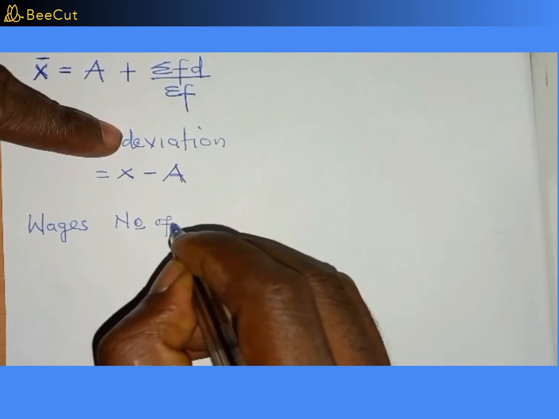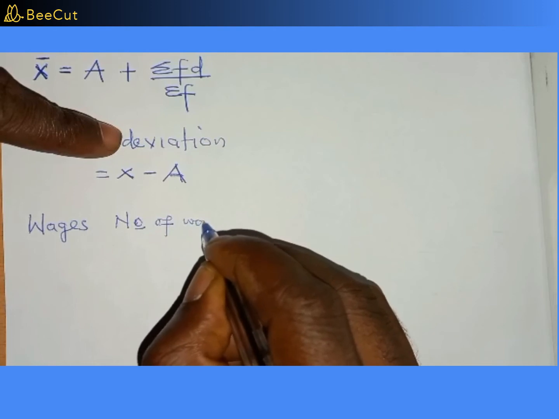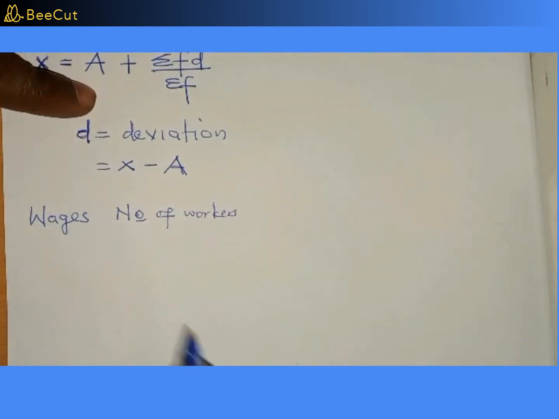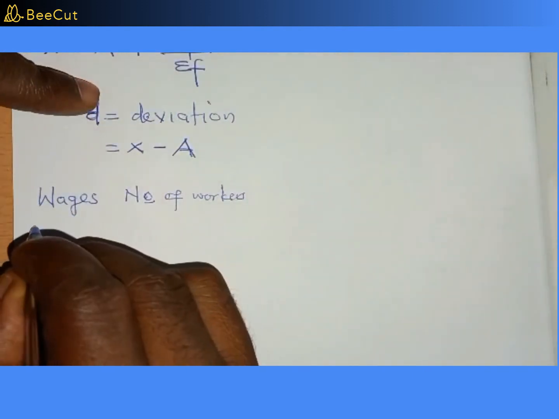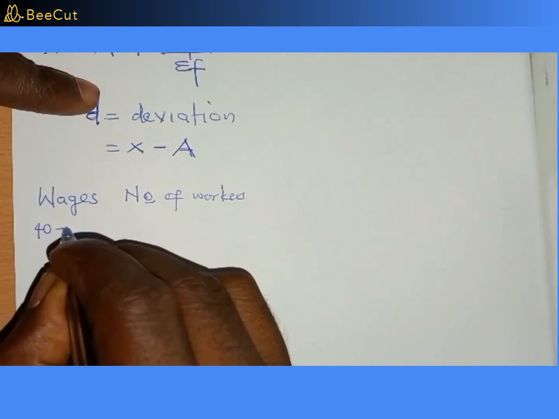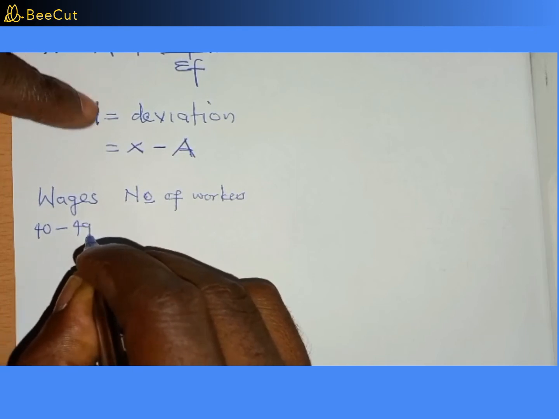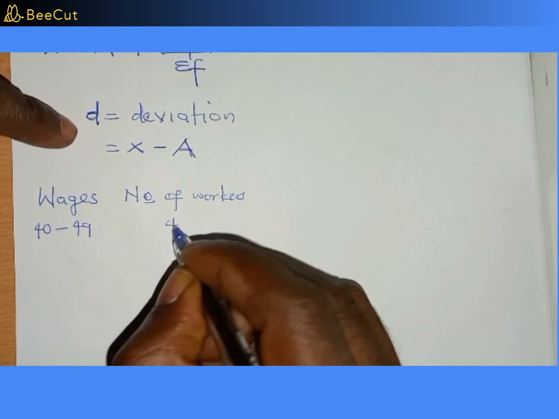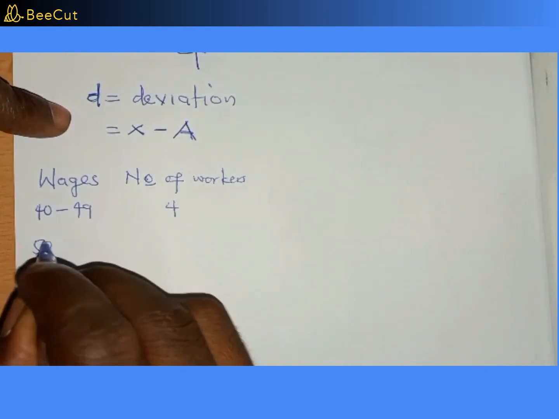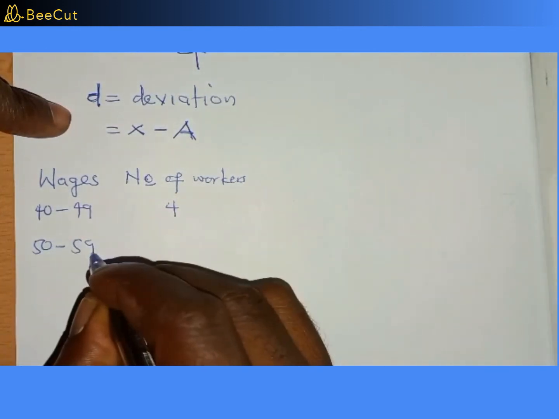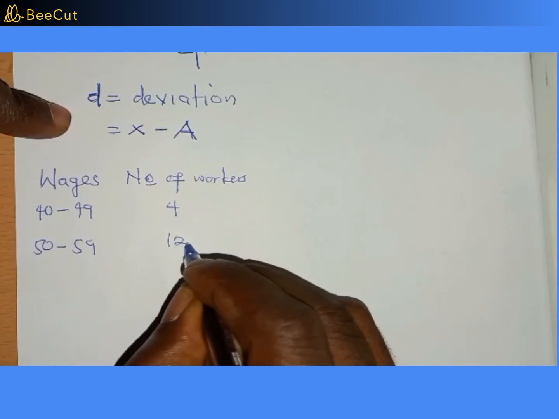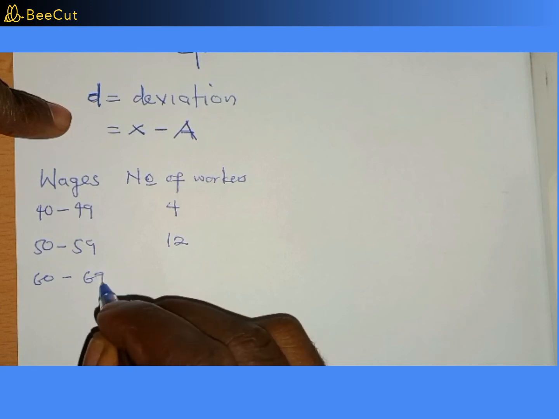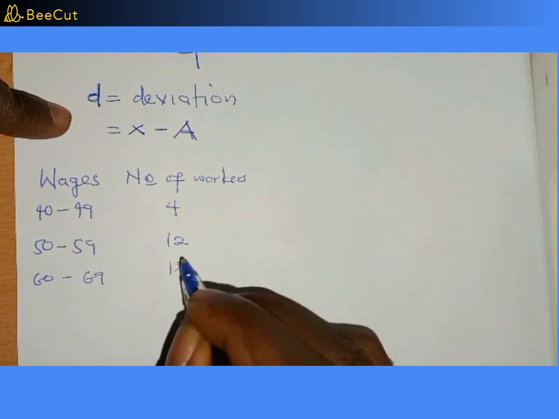For the wages, we have 40 to 49, and that's 4. We have 50 to 59, and that's 12. We have 60 to 69, and that's 18.